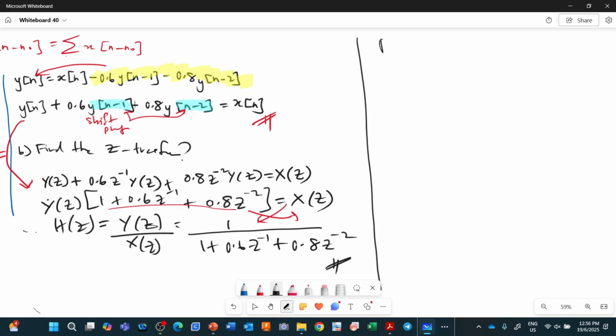Okay, how to draw the block diagram? Alright, so if I write again what we have gotten here, you have yn plus and so on.